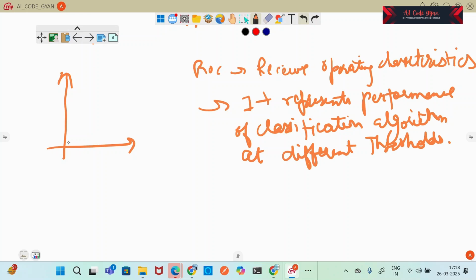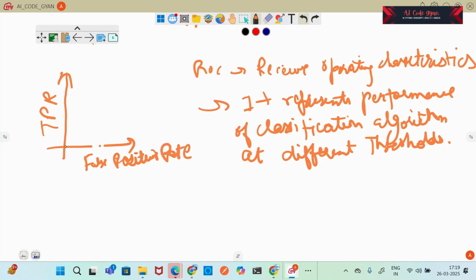Basically there are two parameters it uses: the true positive rate, TPR, on the y-axis, and the false positive rate on the x-axis.